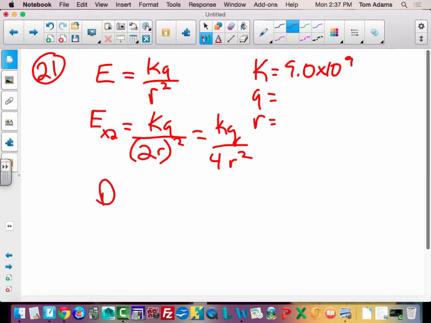So what we would say is that when you double the distance R, the electric field is 1/4. Okay? Does that make sense?